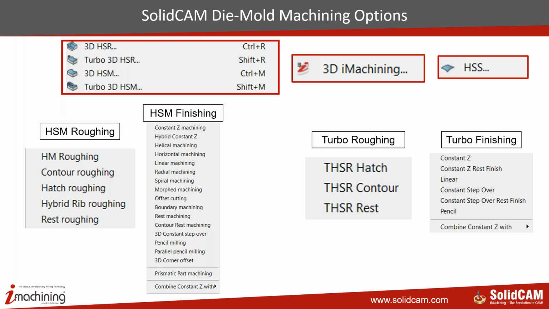Turbo finishing has very specific finishing strategies: constant Z rest, linear, constant step over rest finish, pencil machining, and then the combination. Combination strategies are available with both generic as well as turbo.